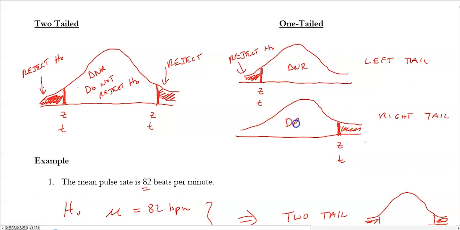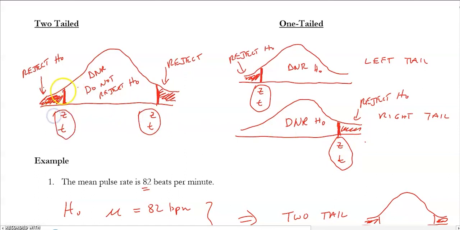Do not reject anywhere here, and then we would reject here. These are the critical values that we look for that divide our graph into rejection region and non-rejection region. So critical region, non-critical, critical, critical, non-critical, non-critical, critical, depending on the scenario.